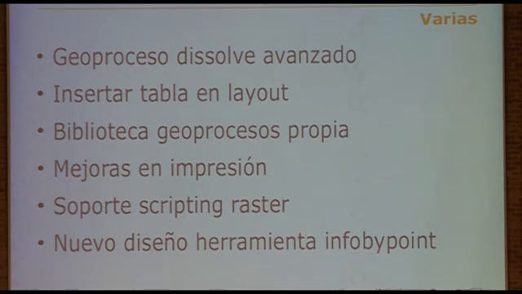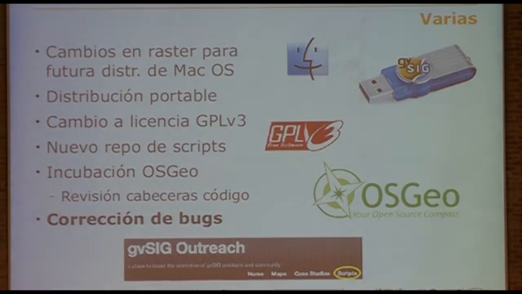It was formerly vector-based, so we will now have scripting support and a new design of the info by point tool. In version 2.0, this tool was already new, and in 2.1 it has been redesigned.